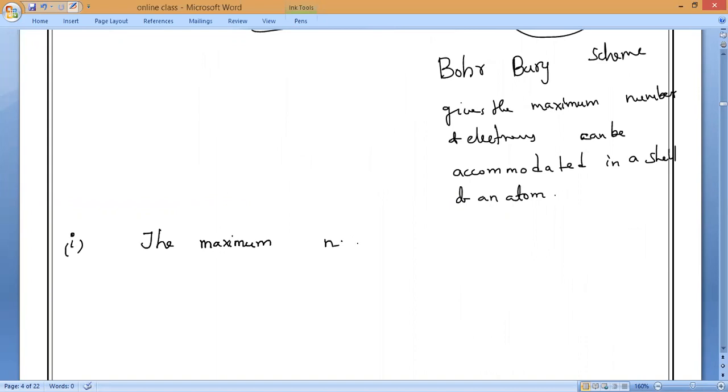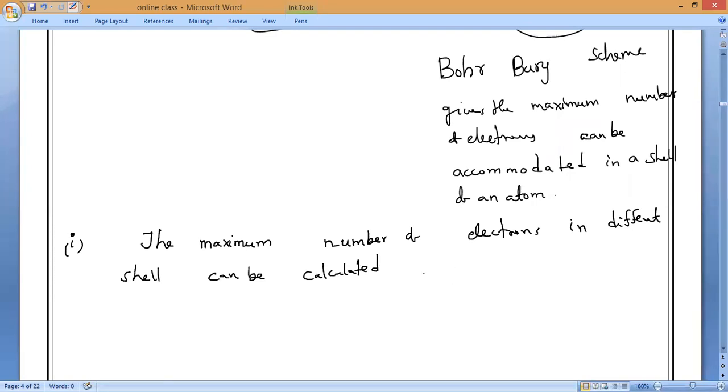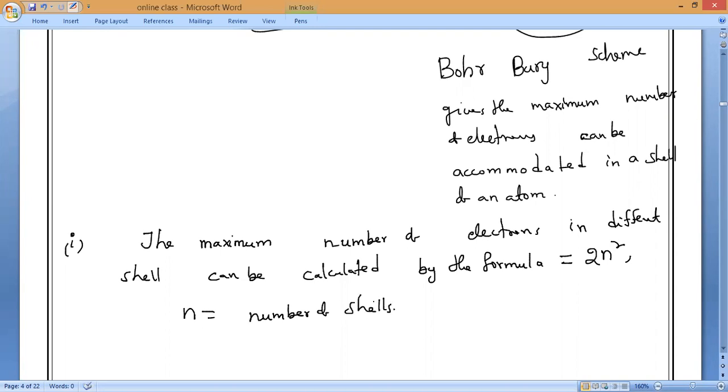Please write: the maximum number of electrons in different shells can be calculated by the formula 2n square. Now n is equal to what, guys? n is equal to the number of the shell. Okay, that is what you have to remember.